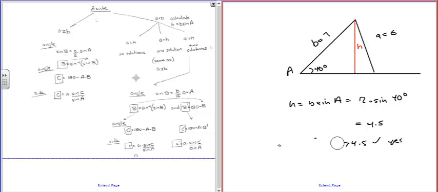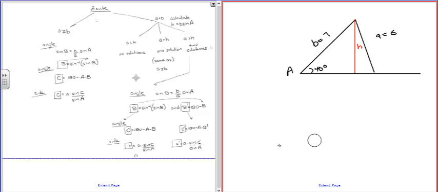Okay, so let's just follow the rules now that we have that scenario. The first thing is calculate the sine of angle B. Now angle B is this angle, which can be either acute or obtuse. That's why we've got two paths here, one to find the acute, one to find the obtuse.